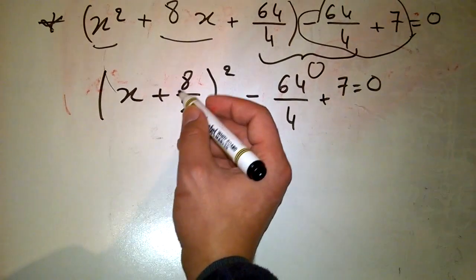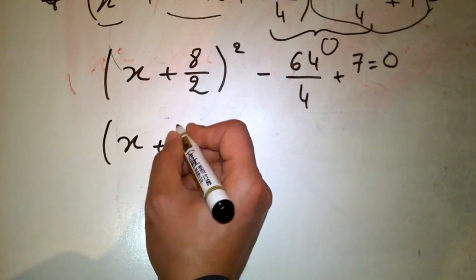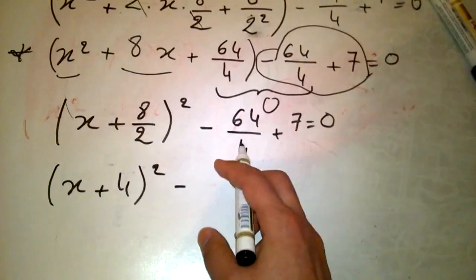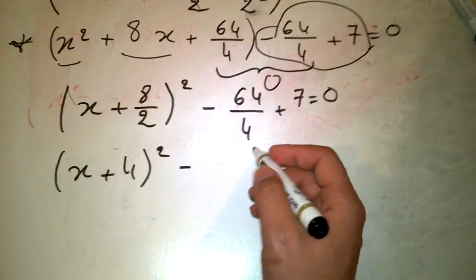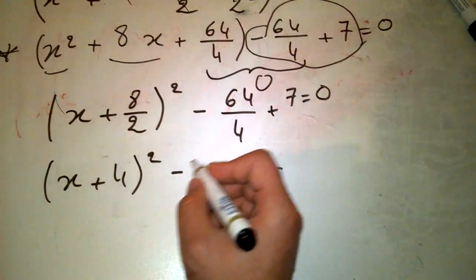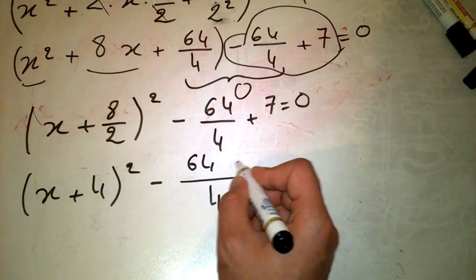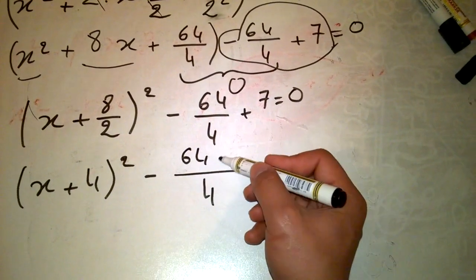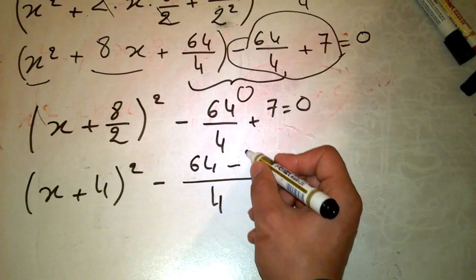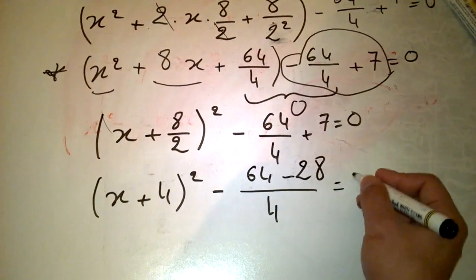This 8 over 2 is 4, so we just put x plus 4 square minus, and here we do the same denominator, so it's 4. Here is minus, so 64, and then minus, because minus times minus is plus. 8 times 4 is 28. Equal to 0.